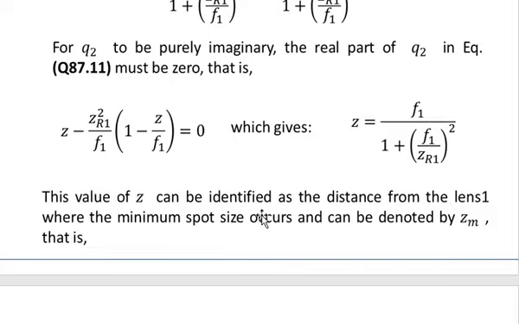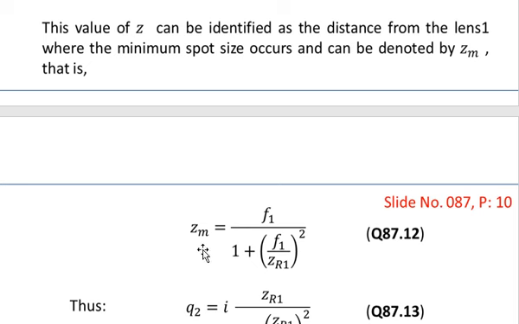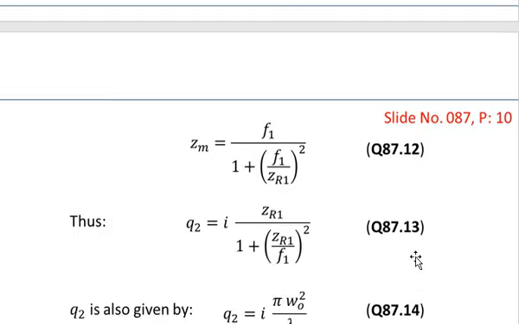This value of z can be identified as the distance from the lens 1 where the minimum spot size occurs and can be denoted by Zm, because this corresponds to the distance where the beam spot has a minimum diameter, that is where the beam waist exists. Due to the minimum beam spot there we denote the corresponding distance by z minimum, that is Zm is equal to f1 over 1 plus square of f1 over zr1, as shown in equation number 12.